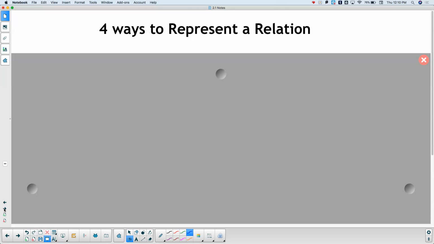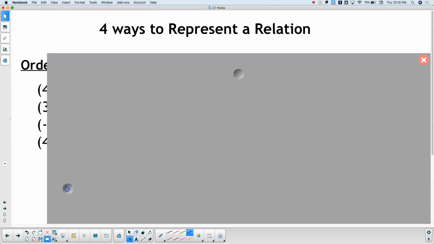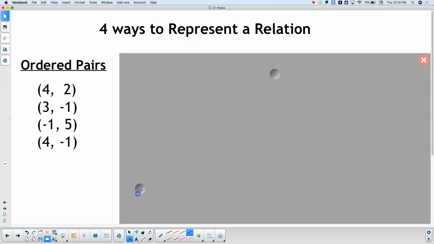There are 4 different ways that we can represent a relation. Okay? The first way is we can represent a relation with ordered pairs. For all 4 of these, I'm going to use the same domain and the same range, in this case, the same 4 points. Okay?